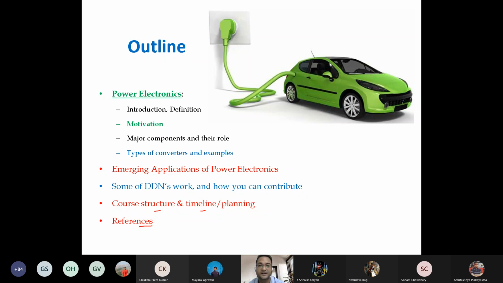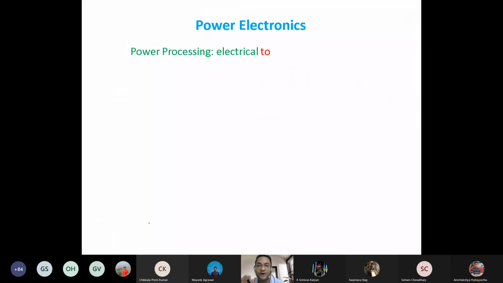Okay, right. So let me introduce you more to power electronics. What exactly do we do? Power electronics deals with power processing, or sometimes we say energy transfer, from electrical to electrical only. That is the requirement.